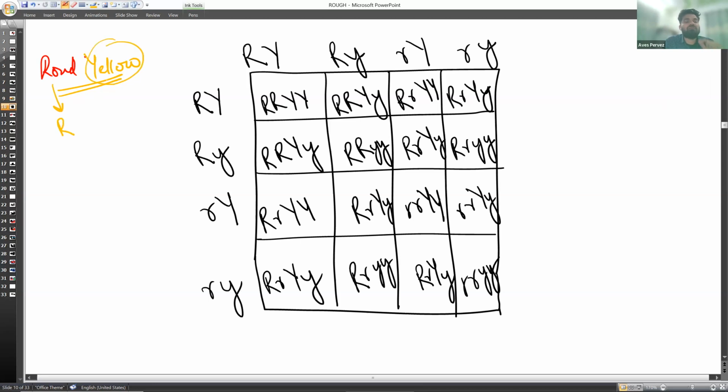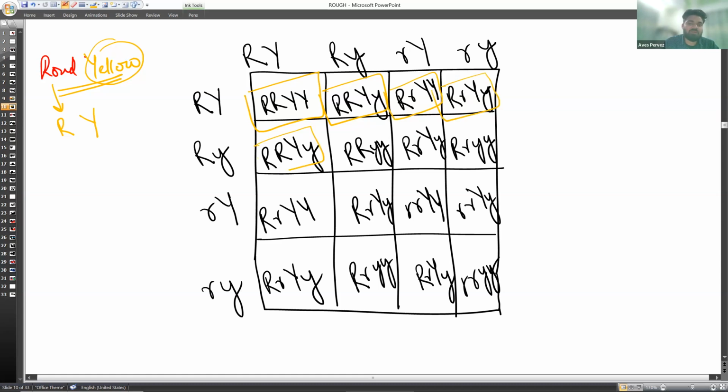And for yellow, you need at least one capital Y. If both are capital Y, then it is round yellow. At least one capital R and one capital Y is required. And this whole line is going to have at least one capital R and one capital Y.